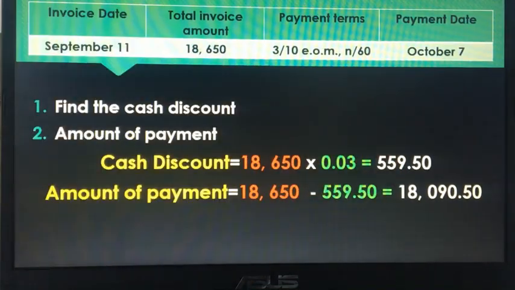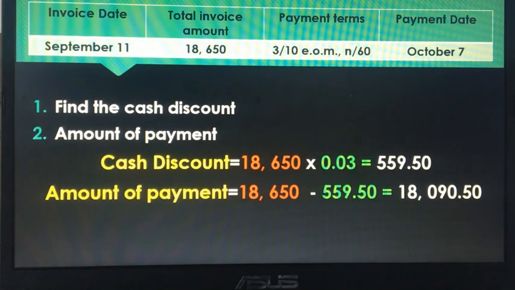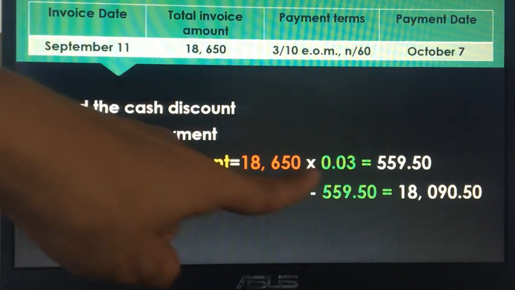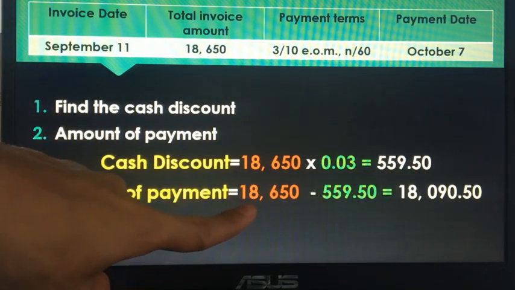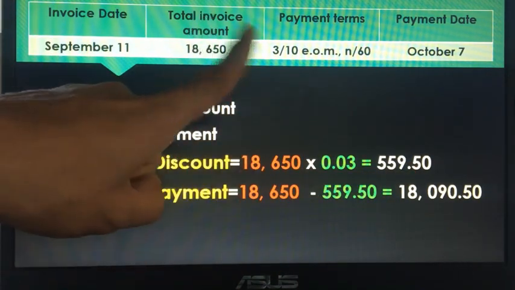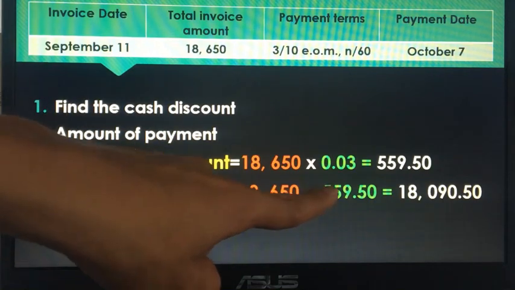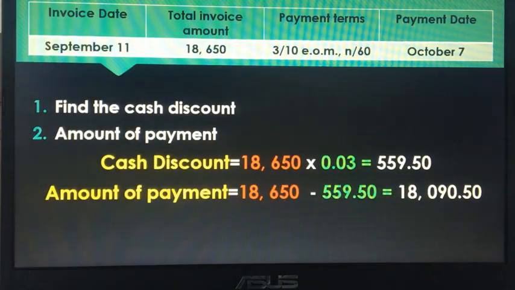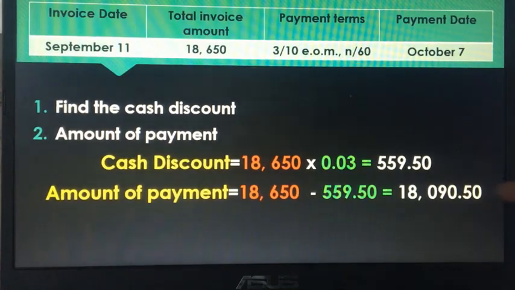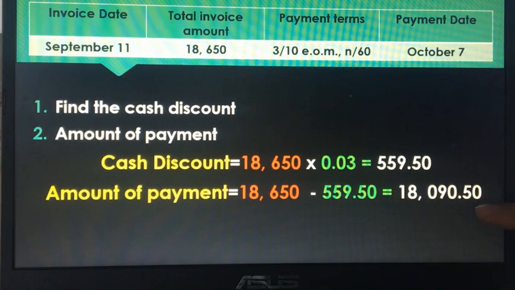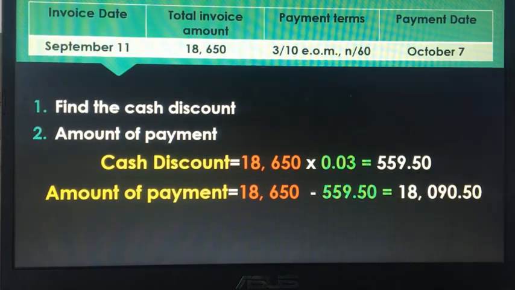So once you multiply, that is 559.50. So meaning 559.50 will be deducted from the total invoice amount, which is 18,650, and that is now 18,090.50. So this will be the amount that you are going to pay after deducting the 3%.